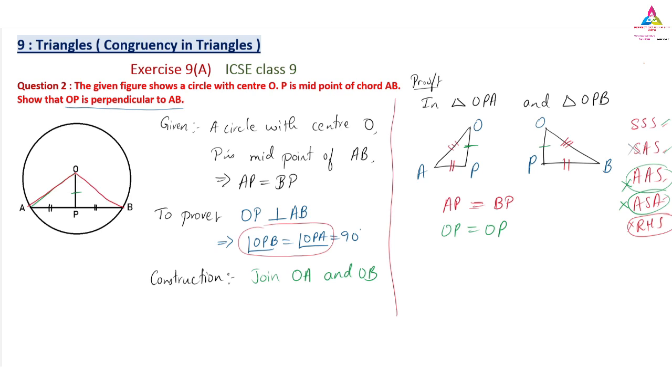In a single circle, we won't have different types of radius, we will have equal radius only. If OA is 4 cm, obviously OB will be 4 cm only, because in a single circle we will have equal radius. So here OA is equal to OB. You can write down the reason: radii of same circle.